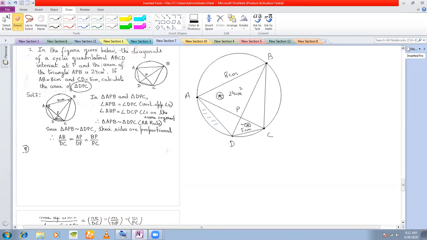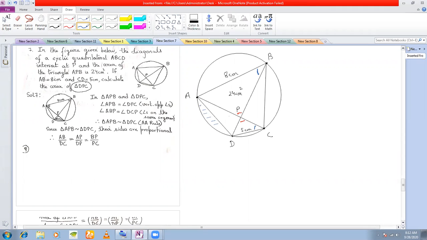Now, how do you prove similarity of these two triangles? First of all, you see that these two red angles are equal. Why are they equal? Because they are vertically opposite angles. Secondly, these two blue angles are equal. Why are they equal? Because they are angles in the same segment.